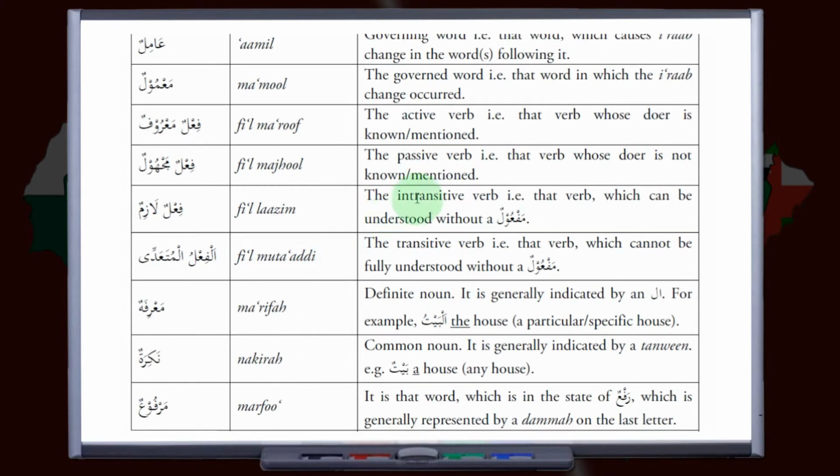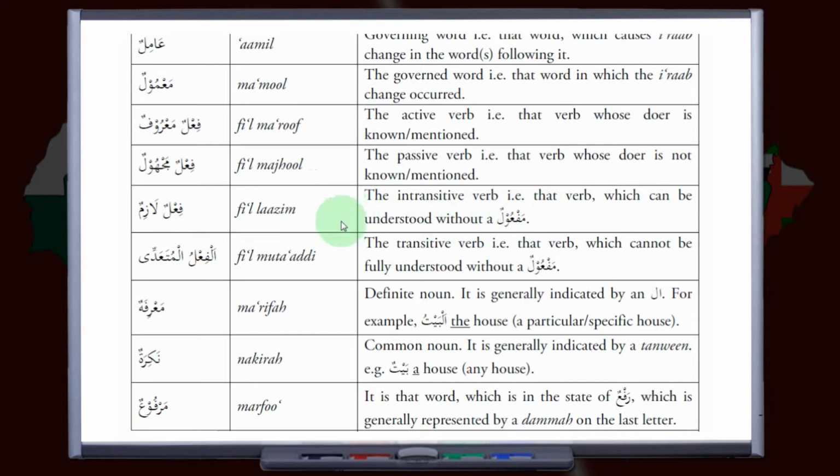Then we have intransitive and transitive verbs. Fi'l lazim is intransitive, which means it can be understood without any object. For example, yakdib, he's lying. That doesn't require any object after it.